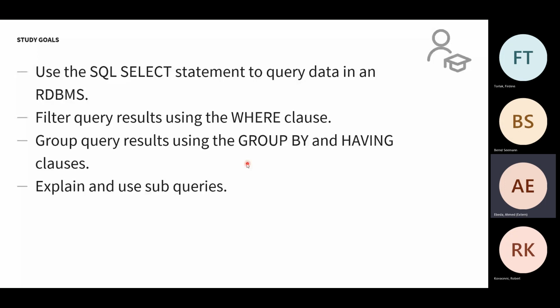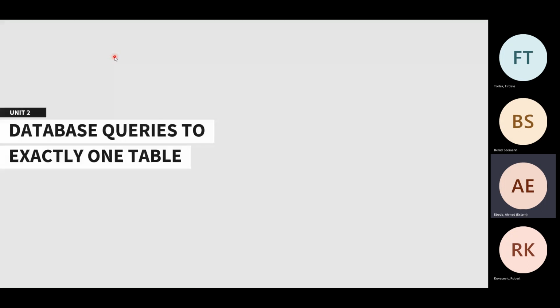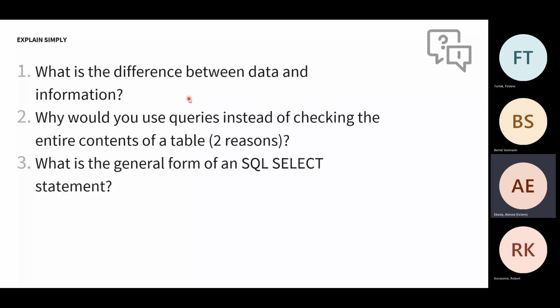So what is the difference between data and information? Anybody knows? Data is the raw information, before we process it.